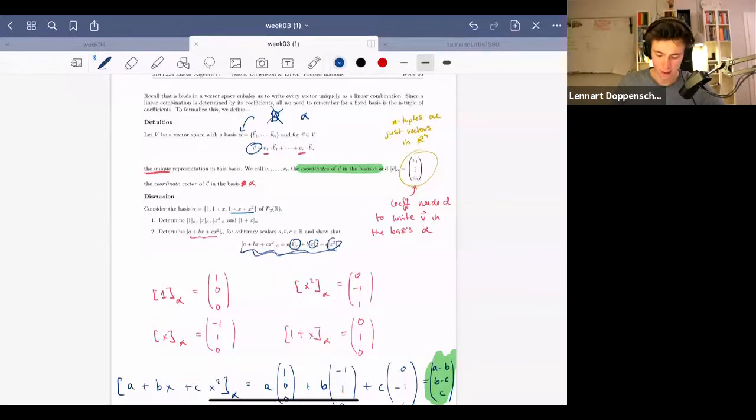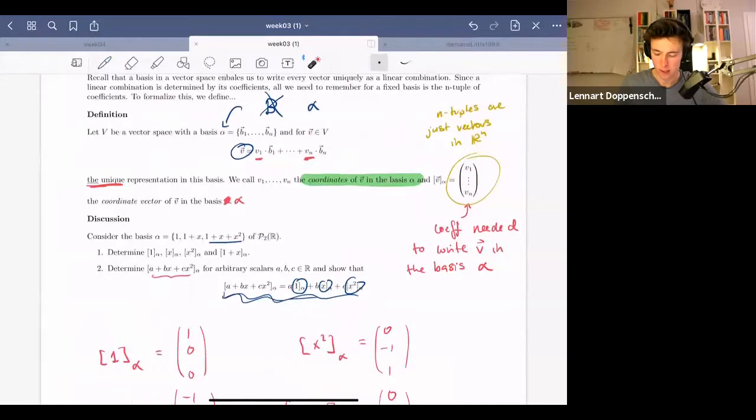And I have defined the coordinates of a vector in this basis as just the coefficients. Because there are n coefficients in an n-dimensional space, this coordinate vector will be an n-tuple. And an n-tuple just naturally is something that lives in Rn.